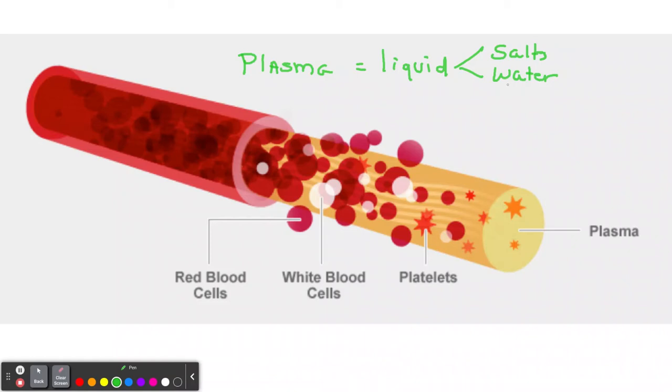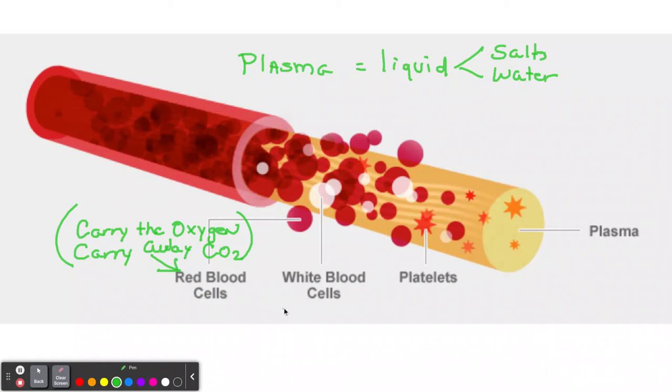And the red blood cells are the ones that are going to carry the oxygen to the cells and take away CO2, carbon dioxide. They have hemoglobin, which we'll talk about in a minute.